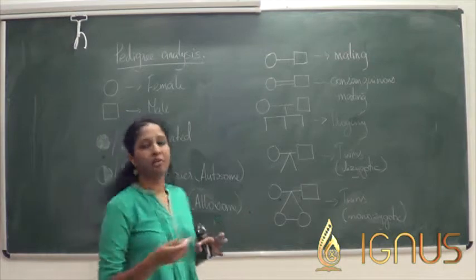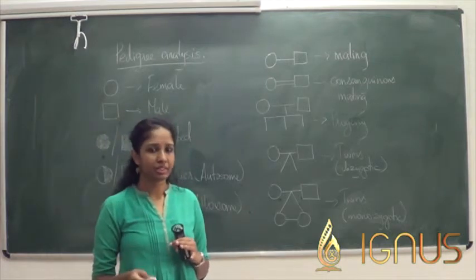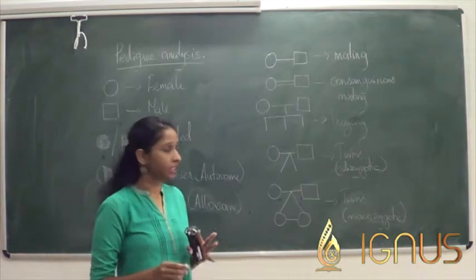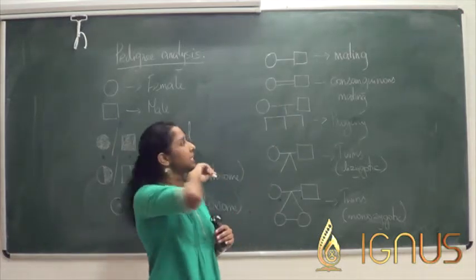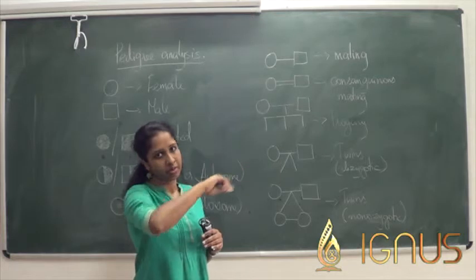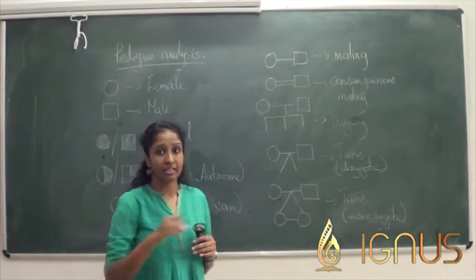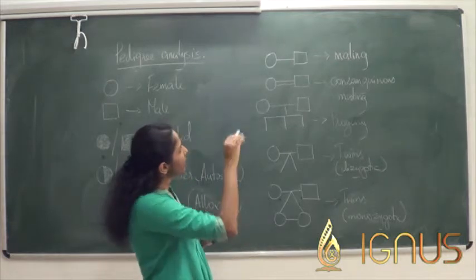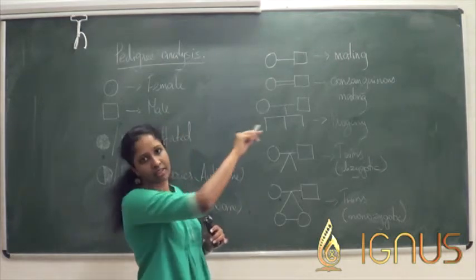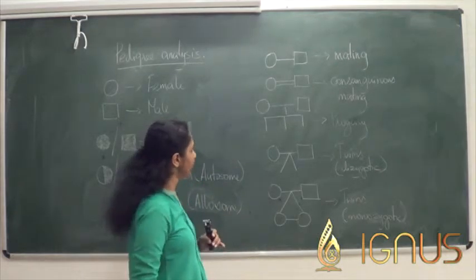They might belong to the same family or a related family, so they are blood relations, and if these two are mating, then there is a double line drawn. But if it is a normal mating, as in the male and the female are not related by blood, then it's a single line, and that represents normal mating.